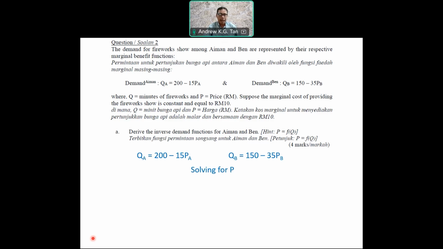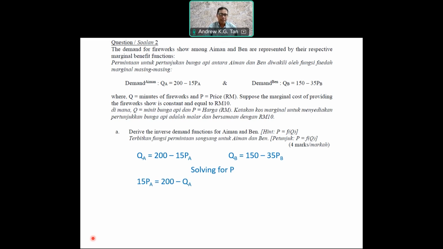So from QA equals to 200 minus 15 PA, move negative 15 PA to the left. And then 200 minus QA, move positive QA to the right, you get negative QA.